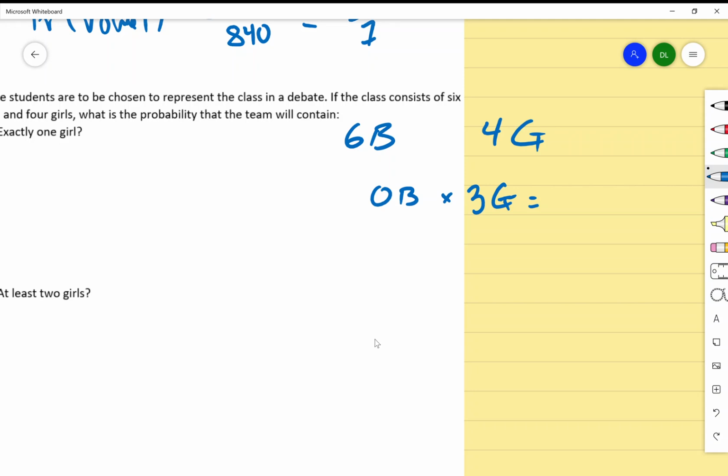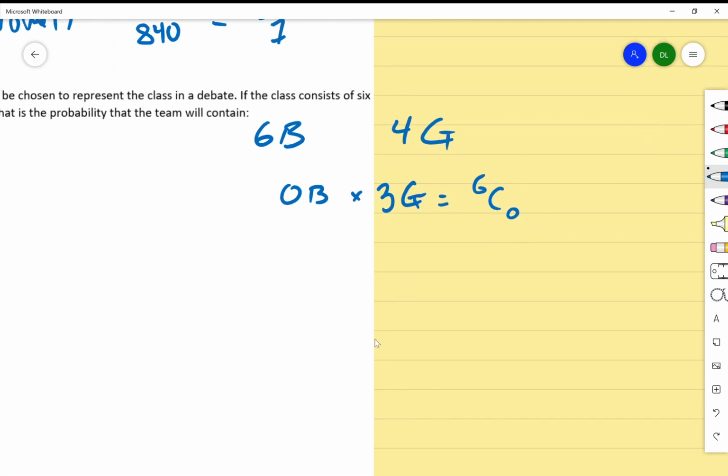To get that, we say 6C0, because 6C0 gives us the total of 6 boys to be specific, with 0 of them in the group, and I multiply that by 4C3, because I'm saying there's a total of 4 girls, and we're selecting 3 of them. Now, solving that gives me an answer of 4. You're more than welcome to use a calculator or do that by hand.